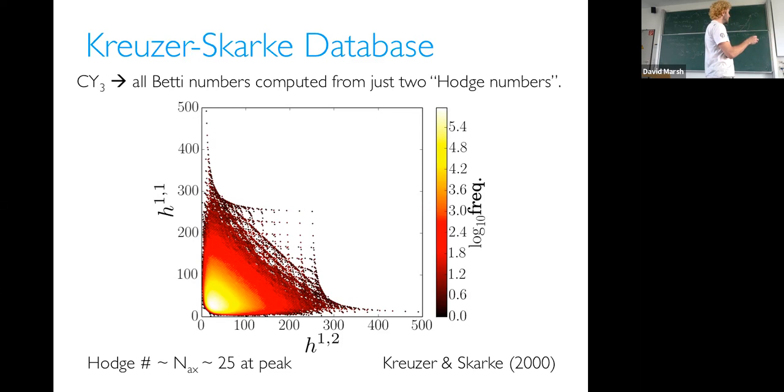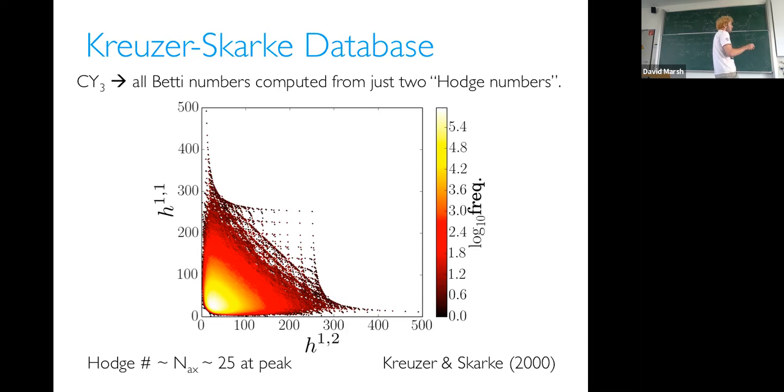These are the two Hodge numbers, H11 and H12, and the color scale represents the frequency of occurrence of that Hodge number in their list. At the peak here, there are 10 to the 6 or so polytopes with a particular value of H11. The peak, where H11 equals H12, is of order 25.